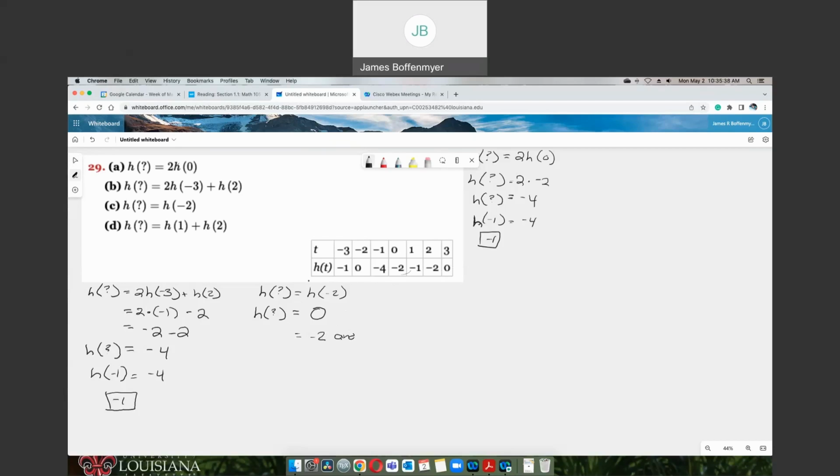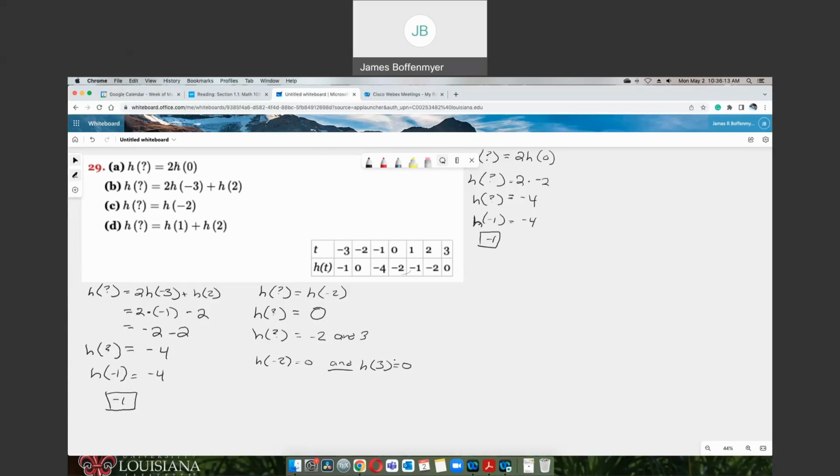The corresponding t value would be 3. So when we write it out correctly, h of -2 equals 0, and h of 3 equals 0. So we have two answers for part C.